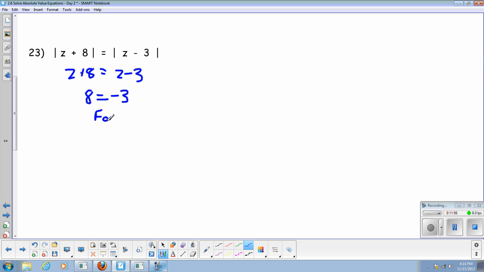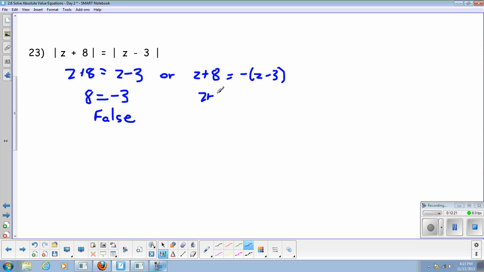That means I'm not going to be able to get a situation here where I have the same number on the inside. So now let's check and see if we can get opposite numbers on the inside. So say we're going to write z plus 8 equals the opposite of z plus 3, or z minus 3. Sorry about that.